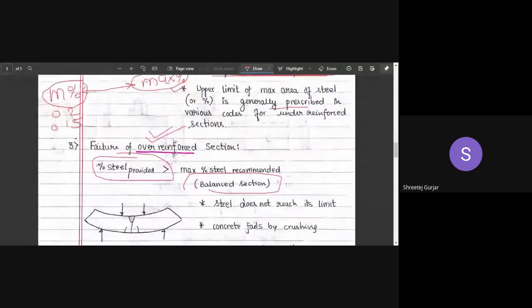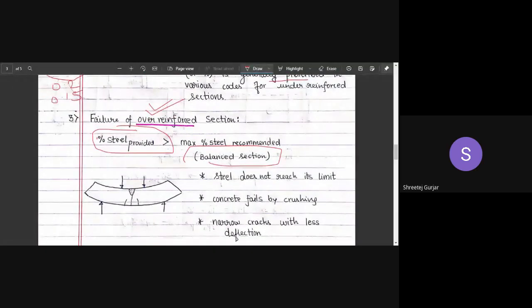Now coming to the last type of failure. We are dealing with failure of an over reinforced section. As I've told you, the steel provided here is more than the maximum recommended percentage of steel, usually more than the balanced section.